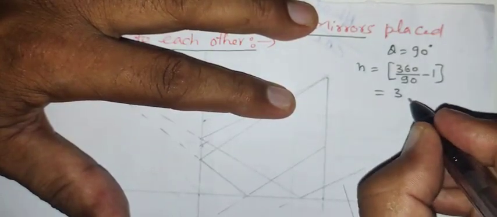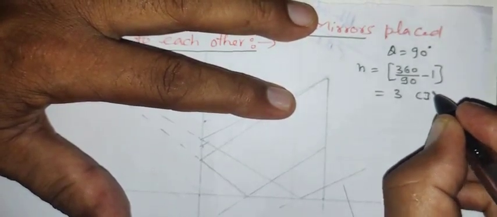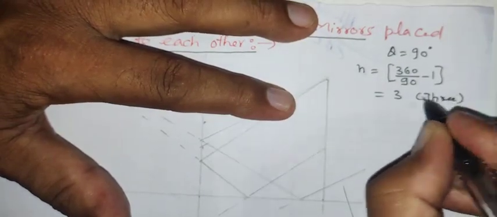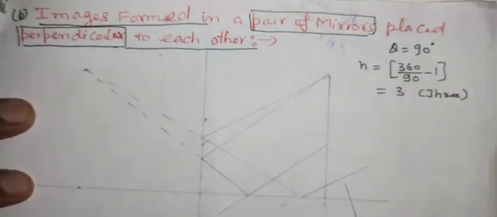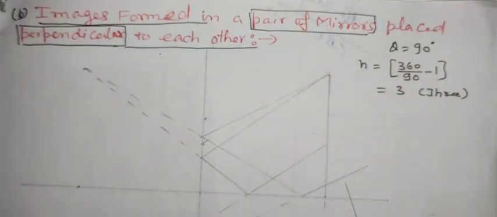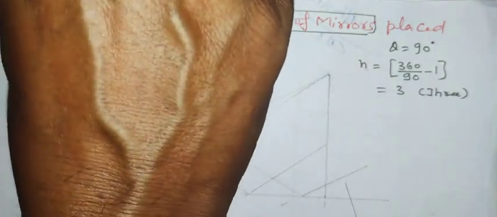So 3 images are formed when the pair of mirrors is kept perpendicular to each other. And it can be clearly understood by the diagram here.